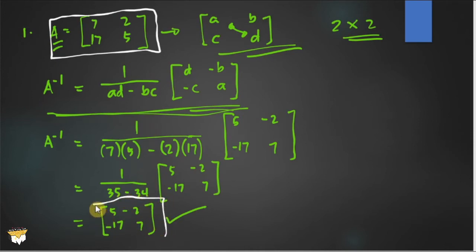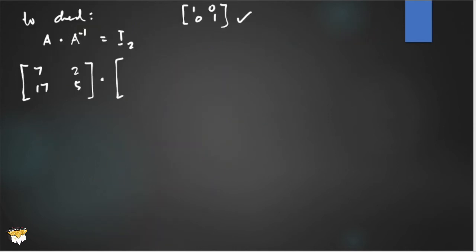We have 5, negative 2, negative 17, and 7. So, let's multiply them. We have 5, negative 2, negative 17, and positive 7. So, multiplying this, of course, we're going to apply what we have learned last time about the multiplication of a matrix or matrices.